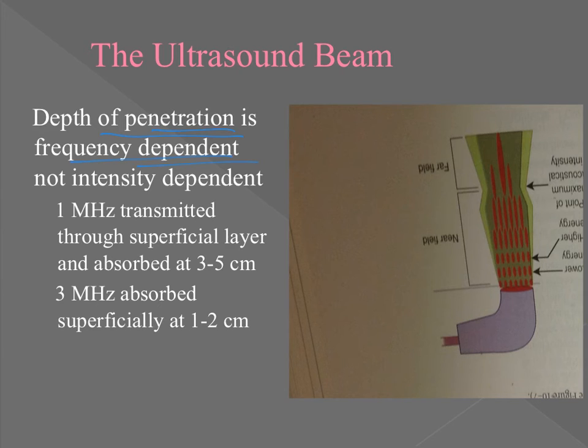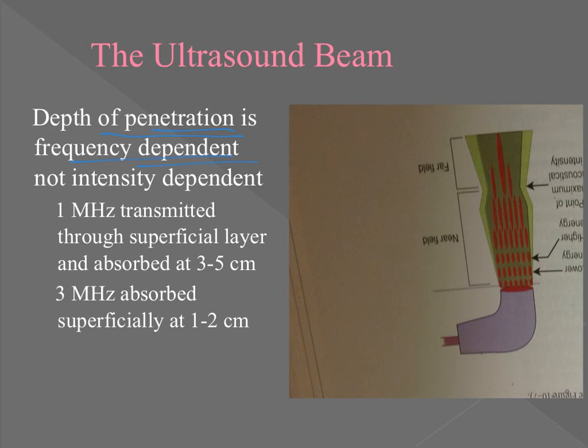Now, I'm going to hammer you guys on this because every year I have at least a student get it wrong. The intensity of the treatment does not determine the depth of penetration. The depth of penetration is pre-selected the moment you select the frequency of the treatment. Now, you can crank your intensity up to 2.0 watts per centimeter squared.